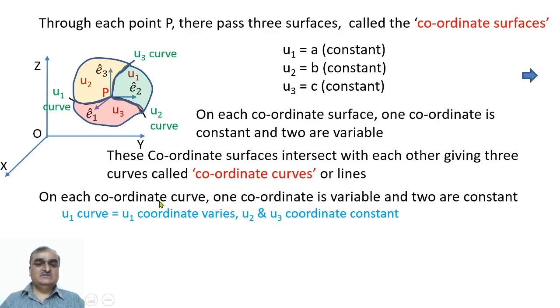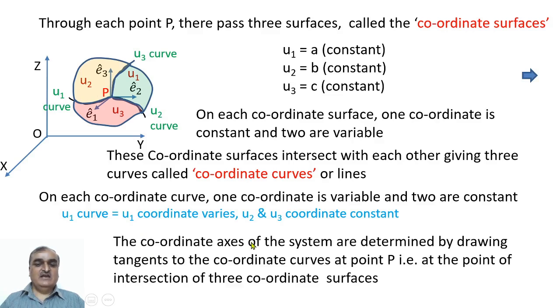This way we have seen it in Cartesian coordinates, spherical polar coordinates, cylindrical coordinates, and then in general curvilinear coordinates. The coordinate axes of the system are determined by drawing tangents to the coordinate curves at a point P. If we draw a tangent to the u1 curve, we get the first coordinate axis.